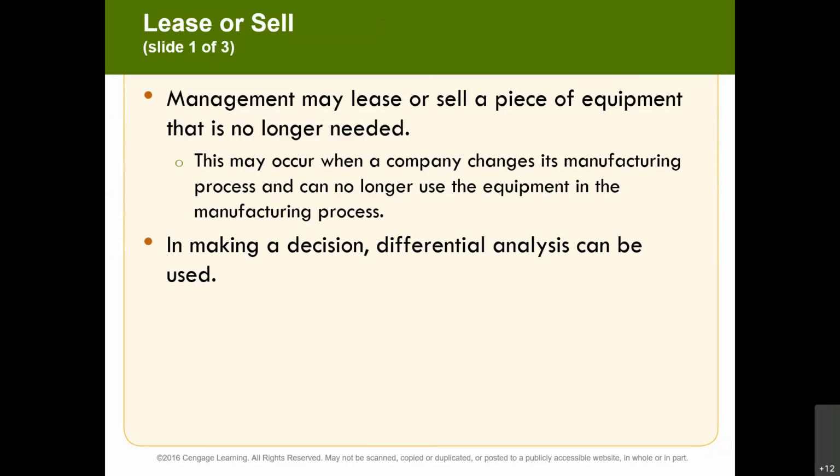Sometimes the business will either purchase or lease that. And so we oftentimes would want to run a differential analysis to determine whether the decision should be to either purchase or lease. And then also in the sale process, should we lease or sell it?